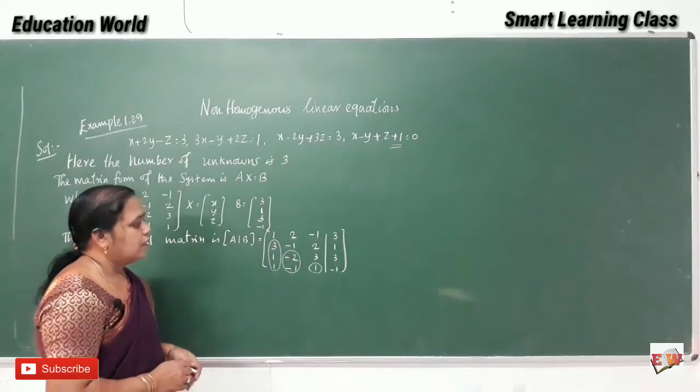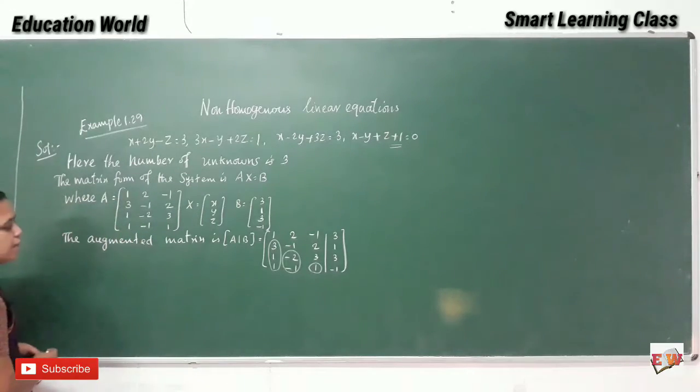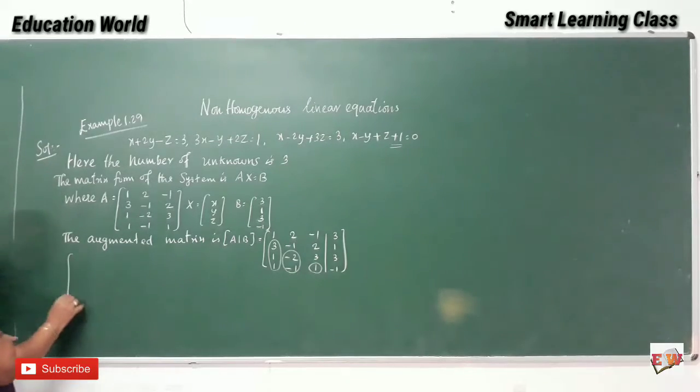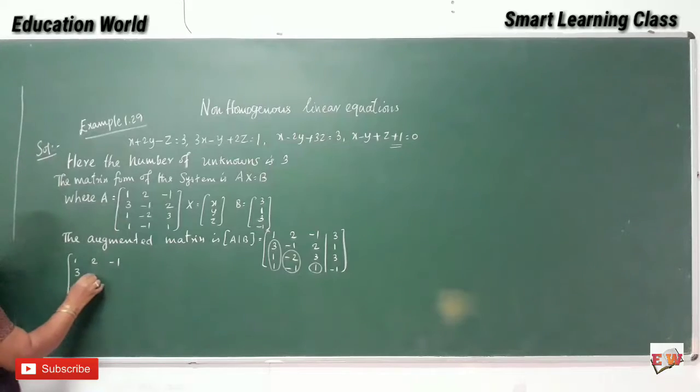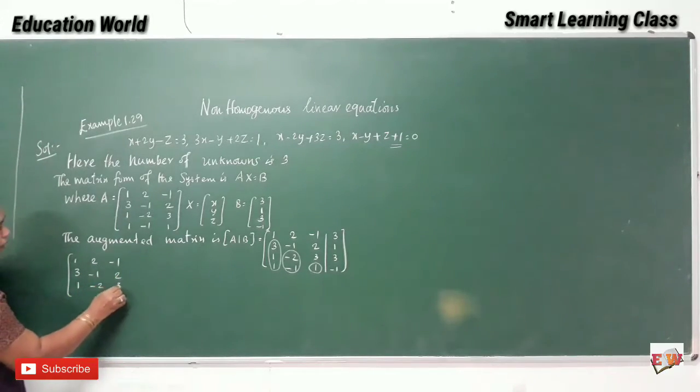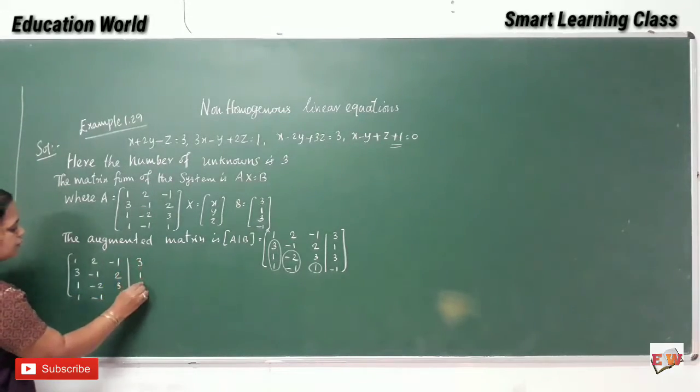Now I am going to apply elementary row operations on this augmented matrix: 1, 2, minus 1, 3; minus 1, 2, 1, minus 2; 3, 1, minus 1, 1; 3, 1, 3, minus 1.